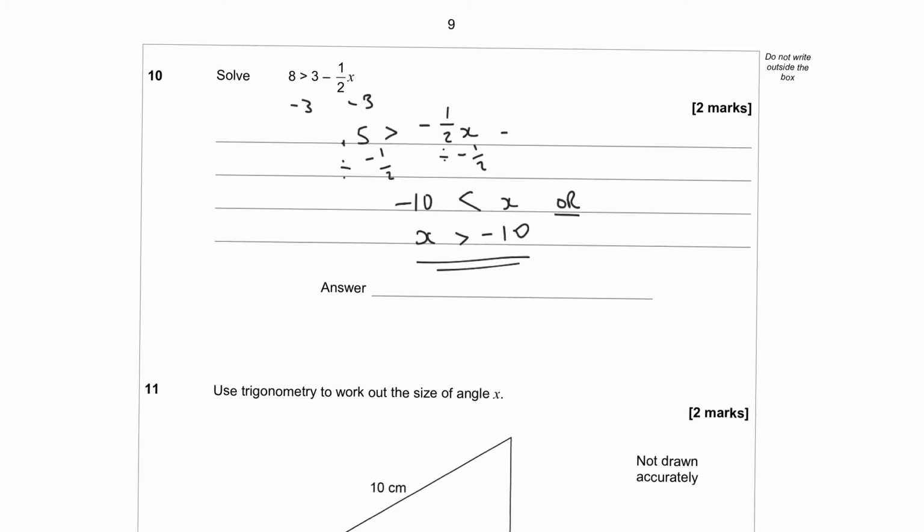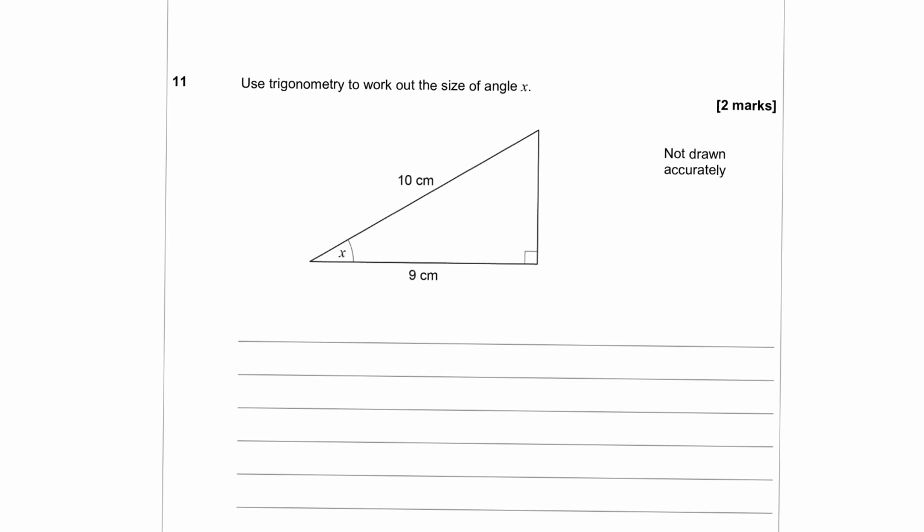Okay, so moving on to question 11, it says using trigonometry, aka SOHCAHTOA. So first step is you want to label it. So adjacent, hypotenuse, opposite. We've got our adjacent and hypotenuse, so we're going to be using CAH, also known as cos. So it's cos x is equal to our adjacent over hypotenuse, which is 9 over 10.